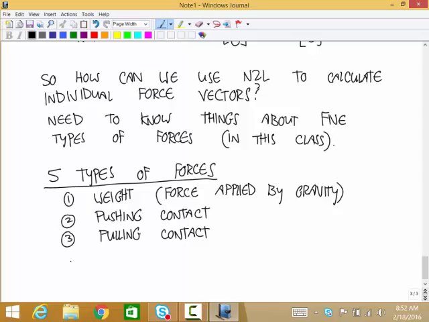And then friction. And then the fifth one is the force applied to objects by springs. So force applied by springs.